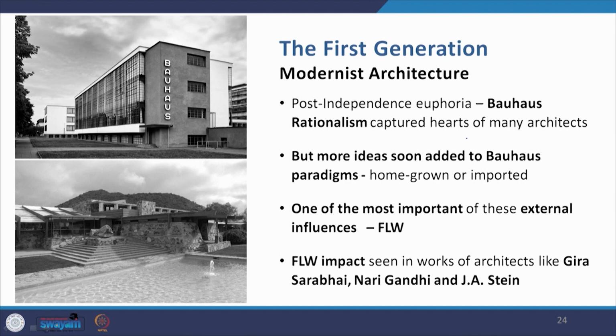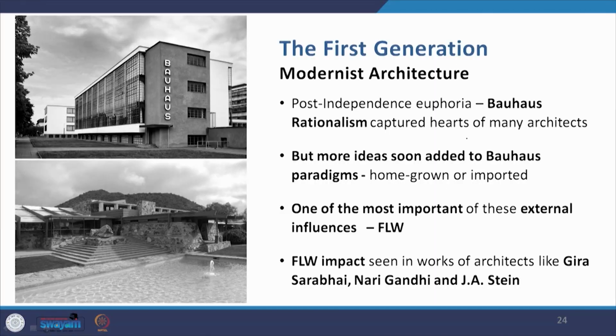Also because architects like Habib Rahman, A.P. Kanvinde came directly under the influence of Walter Gropius in America, and even architects like Charles Correa had learned these modernist concepts in, for example, the University of Michigan where he studied. But more ideas were soon added to the Bauhaus paradigm or the Bauhaus palette, and these ideas were both homegrown and imported.